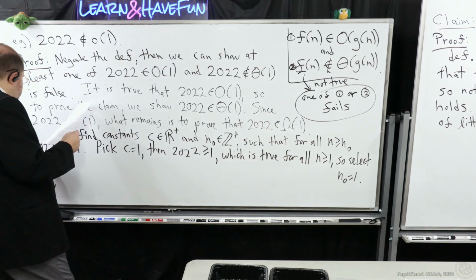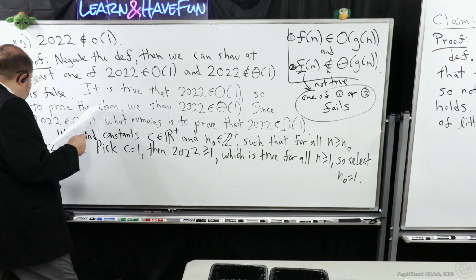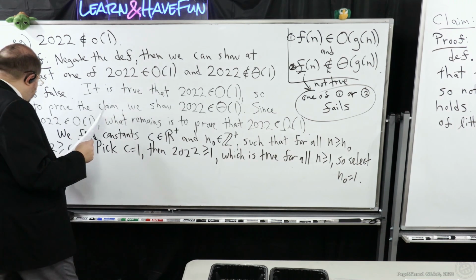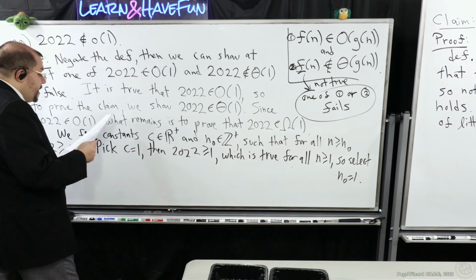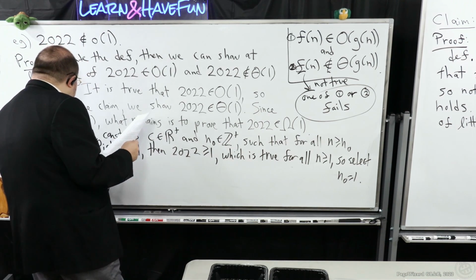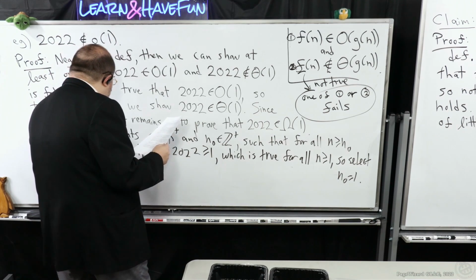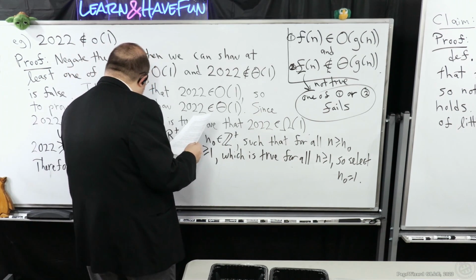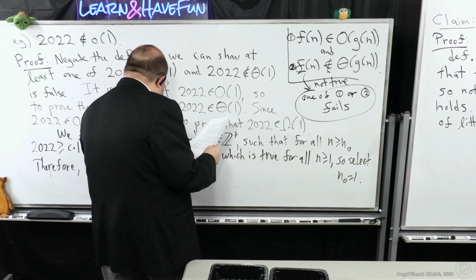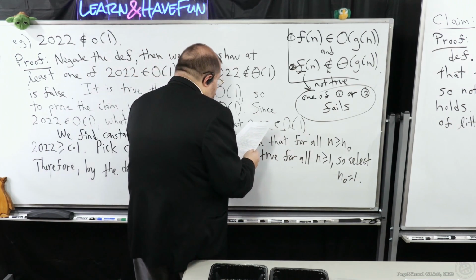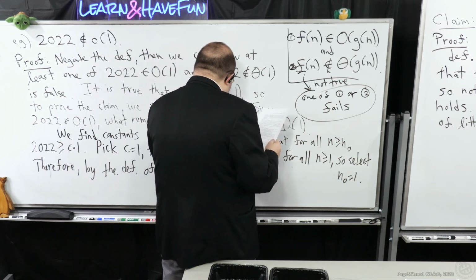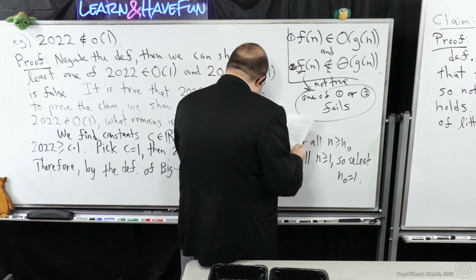Therefore, so now we can put this all together. Therefore, by the definition of big omega, 2022 is big omega of 1.